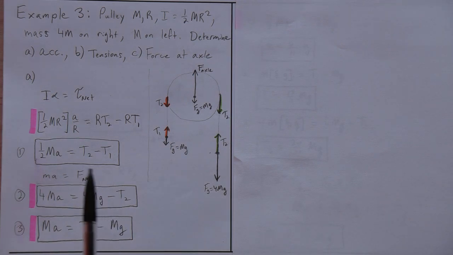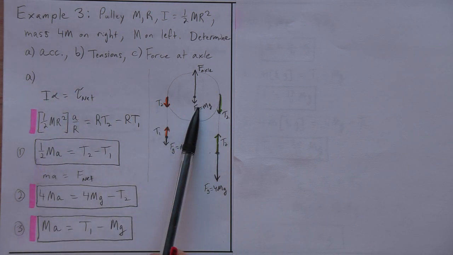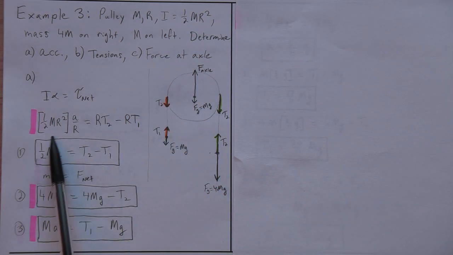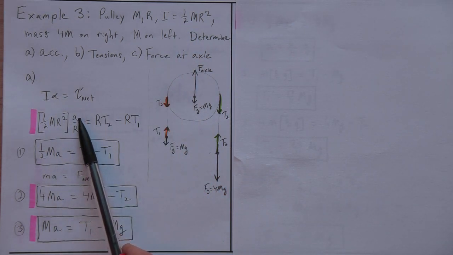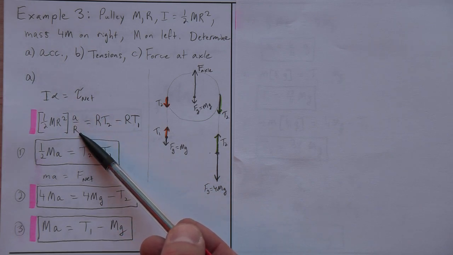To figure out the acceleration, we have to use Newton's second law. I'm going to start with the pulley. I alpha equals net torque. The inertia was given. The acceleration I always replace in the system of equations, or I shouldn't say always, because we never know what they could think of, but most of the time you replace it with a over r.